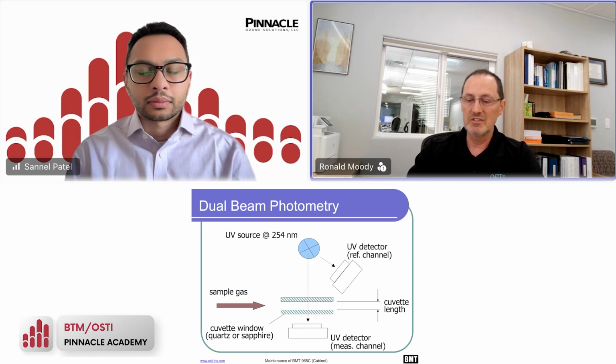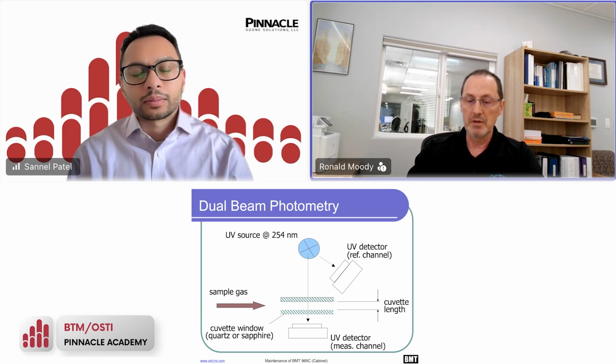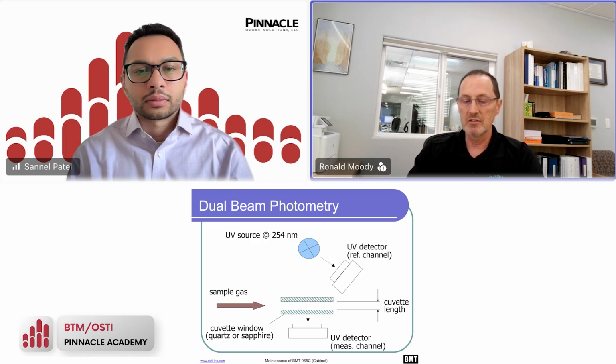BMT analyzers use this additional sensor with an unimpeded path to the UV lamp to allow the instrument to make automatic adjustments for things like environmental drift in the cuvette or changes to the lamp, the plasma over time. This is called dual beam photometry, and it's really unique to the BMT products, which allows us to automate their performance, and that makes manual adjustments and things like recalibration unnecessary.